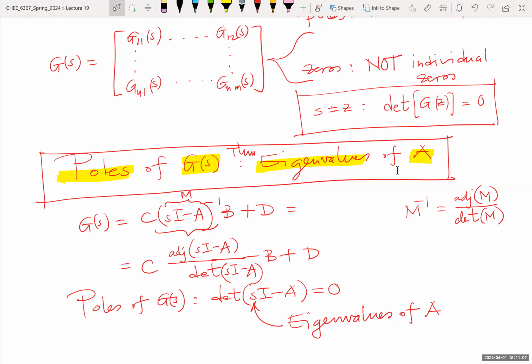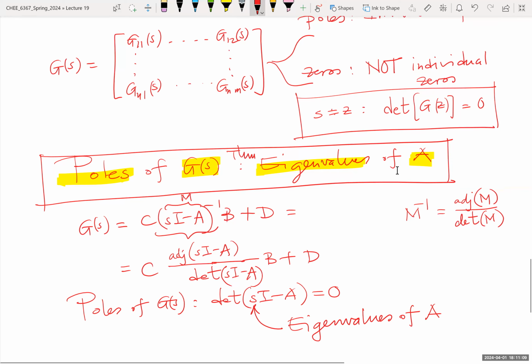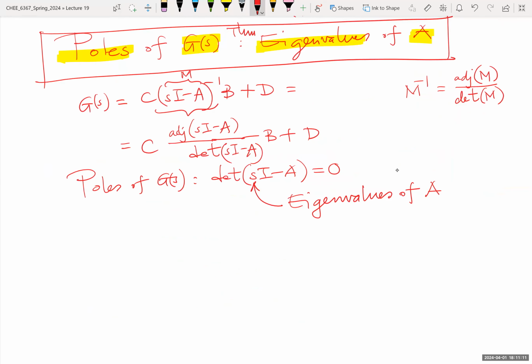Now, you can go from such a state space system in the time domain in continuous time to a state space system in discrete time. Let's see how.